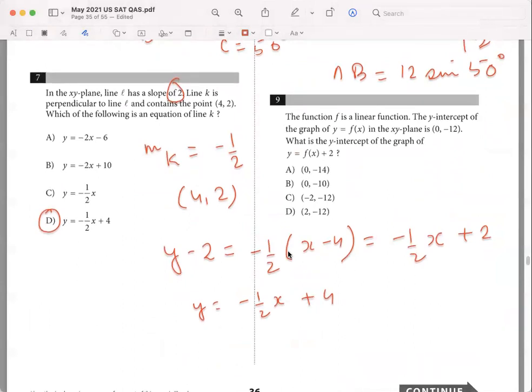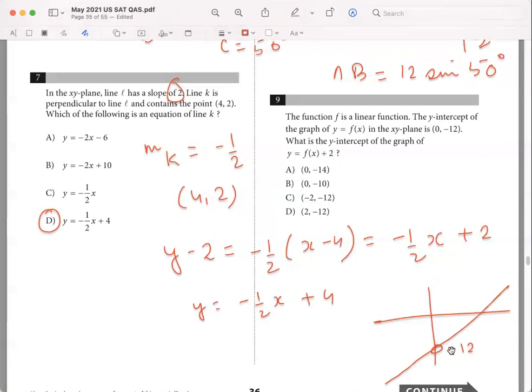The function f is a linear function. The y-intercept of the graph of y equals f of x is 0, negative 12. What is the y-intercept of the graph of y equals f of x plus 2? So if this is my function, let's say, I'll just draw this properly. So let's say this is my point, minus 12, and this is my function.